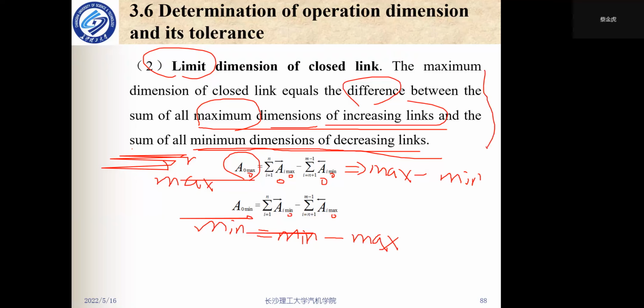This can be represented by this equation. And conversely we get the minimum dimension using this equation. So we have covered the basic dimension and the limit dimension of the closed link.